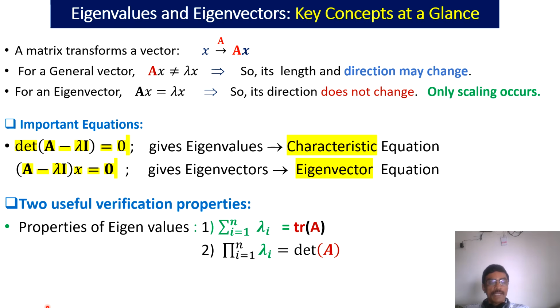Once we find the eigenvalues and their corresponding eigenvectors using these two equations, they can be verified using three eigenvalue properties.